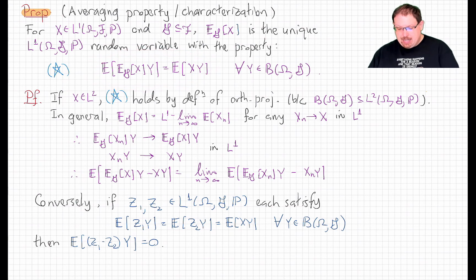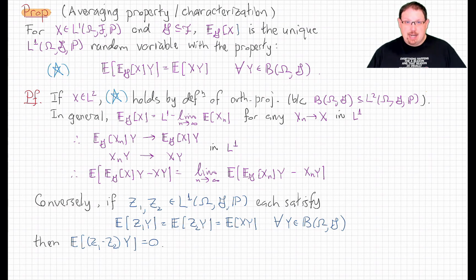If I take any bounded g measurable random variable y, and I take the expected value of x times y, which makes sense because x is L1 and y is bounded, then that's the same as the expected value of y times the conditional expectation.